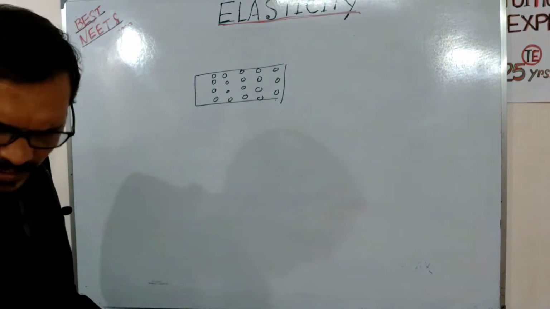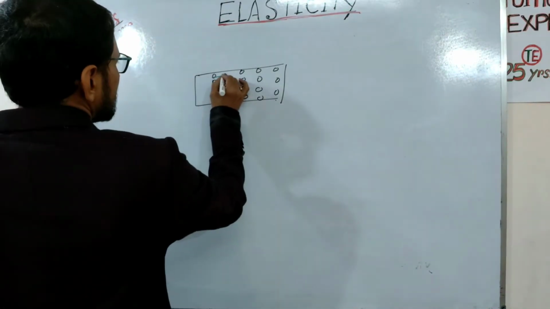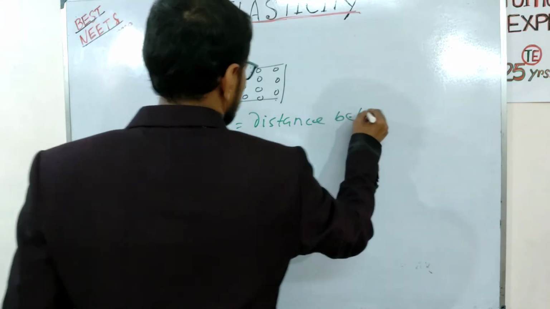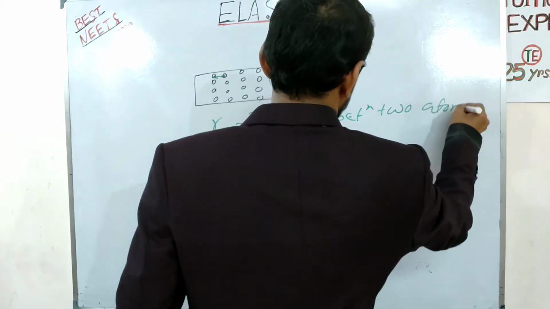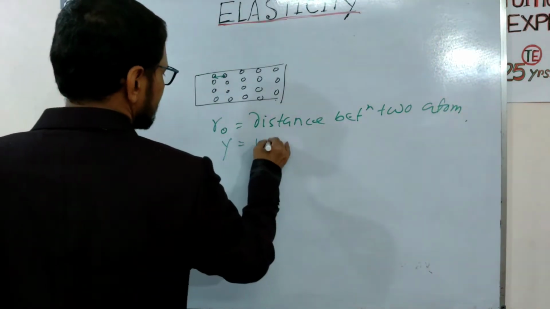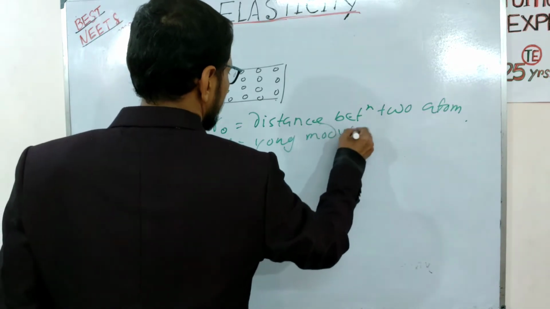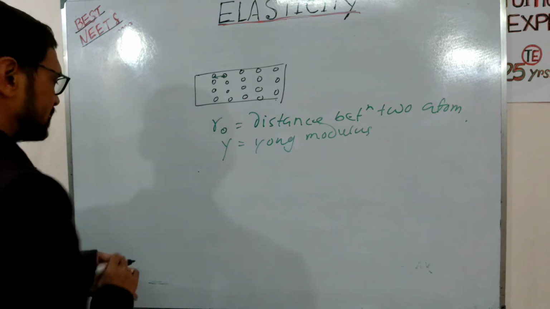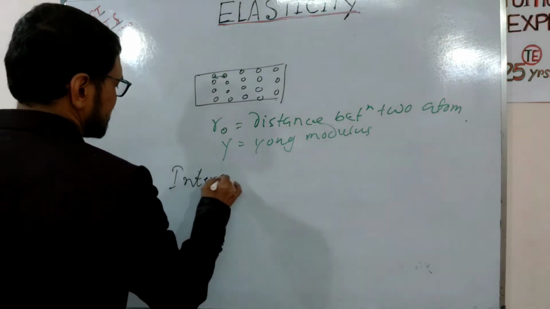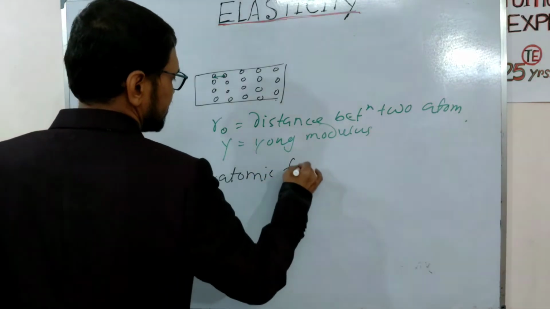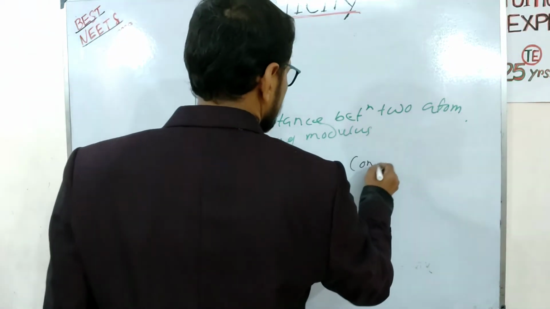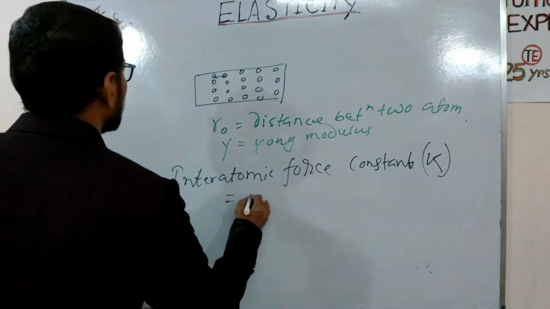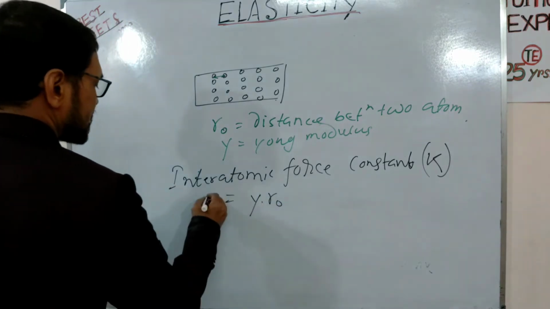If R0 is the distance between two atoms, and Y equals Young's modulus, then the interatomic force constant K is defined as Y into R0. You remember this just as a formula.